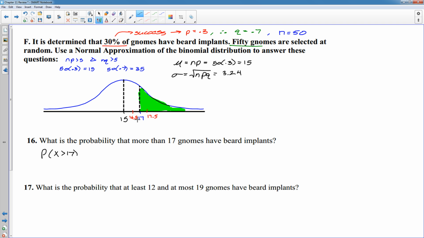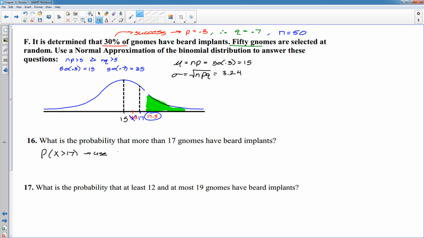Well, if I chose 16.5, then when I do the area to the right, I actually am going to include 17, and you don't want to do that. So instead of choosing 16.5, we're going to choose 17.5, because if I find the percent to the right of 17.5, now I'm not including 17, and that's what I want. So we're going to use 17.5.